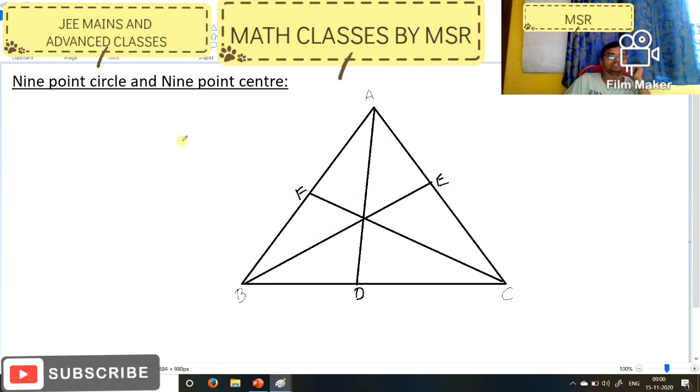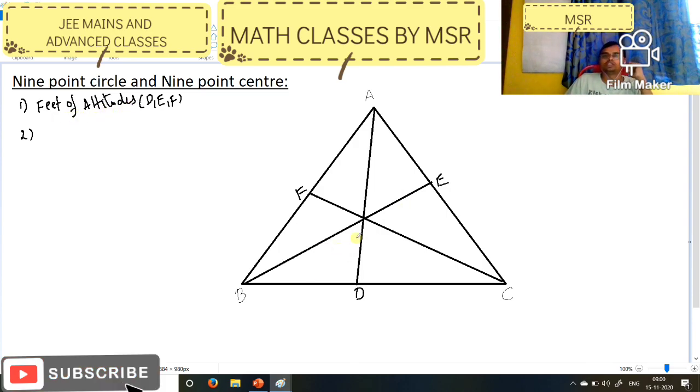This is the first point. How many are there? 3 points, D, E, F. The 9-point circle definitely will pass through the feet of altitudes.